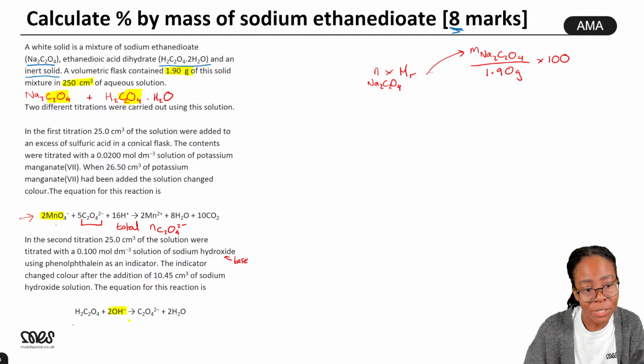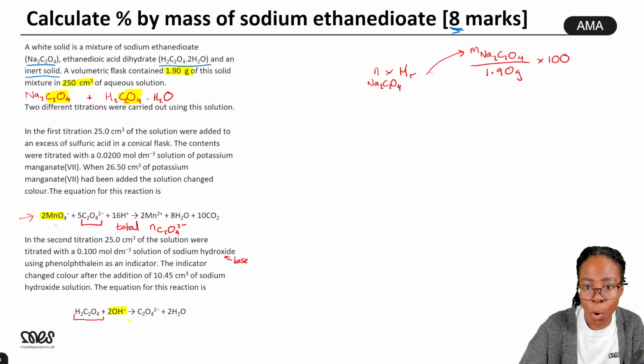Not exactly, the ethanedioic acid. So only the ethanedioic acid. So our second titration is going to tell us the number of moles of the ethanedioic acid.